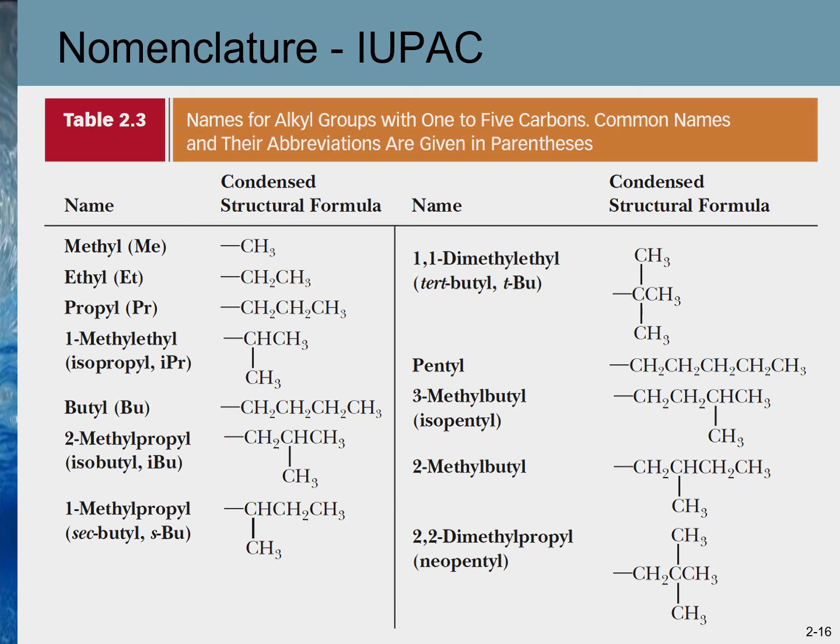For example, the common name of this substituent is isopropyl, and IUPAC name of this substituent is 1-methyl ethyl. So isopropyl is used more often than 1-methyl ethyl. Similarly, this is isobutyl, common name, and this one is tertiary butyl, common name.